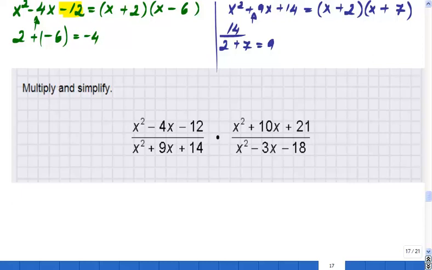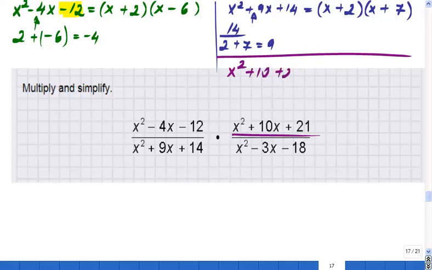Okay? Next one, let's use a different color. X squared plus 10x plus 21, right? Okay, x squared plus 10x plus 21.